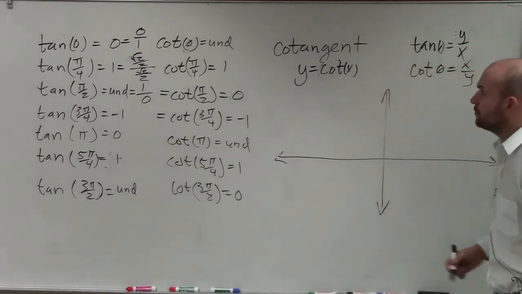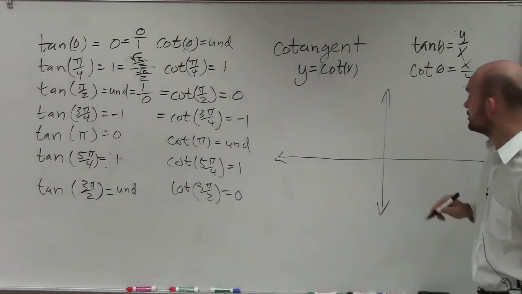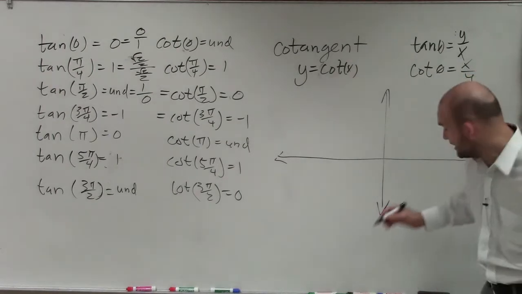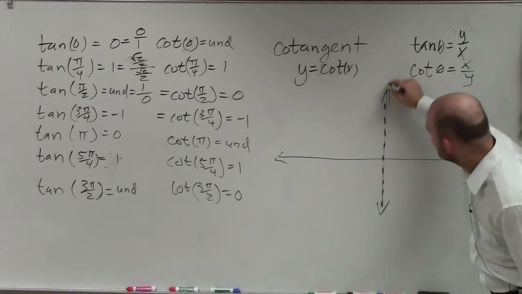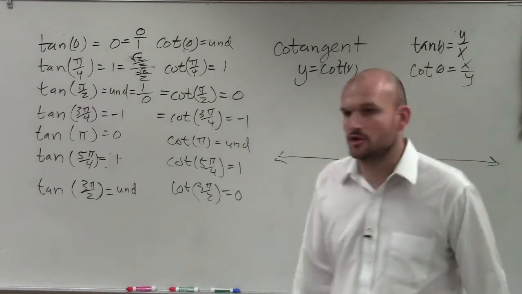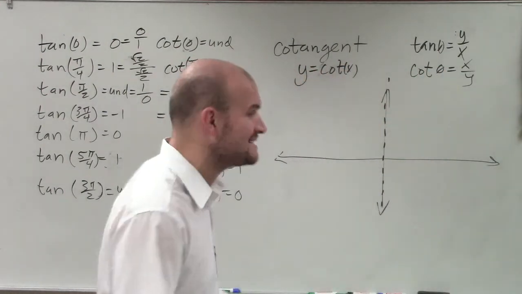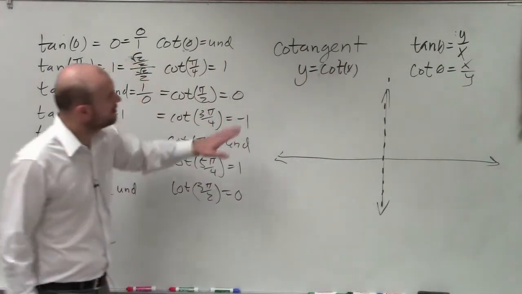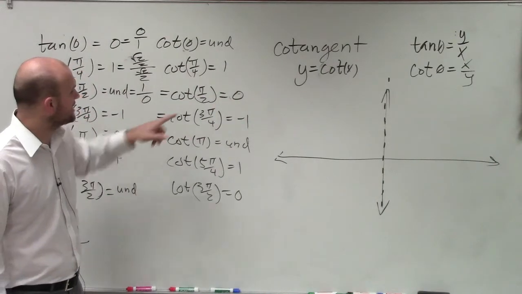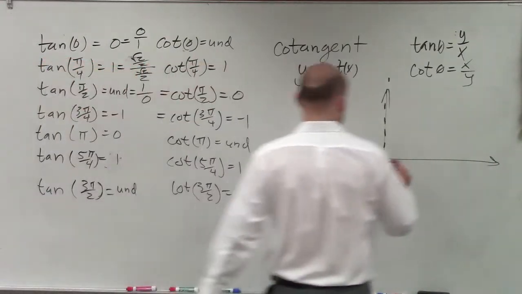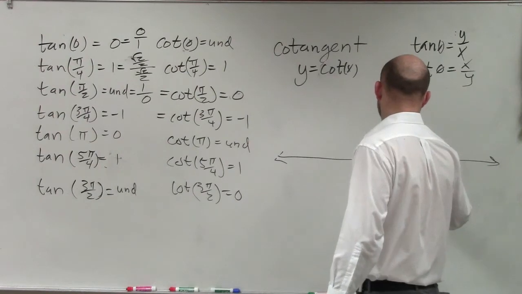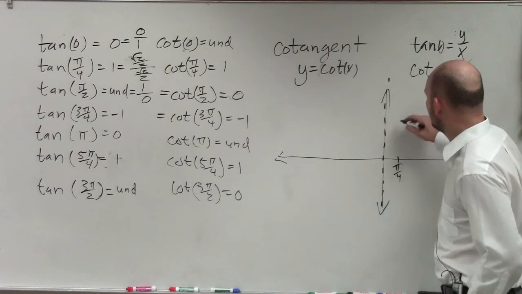So if we go and graph these points, at cotangent of 0, we're undefined. What that means, undefined, we have a nice little asymptote there, right? So our graph does not have a point on the y-axis, the cotangent graph. Then let's take a look at the next point, which would be pi over 4. At pi over 4, we have a point of 1.